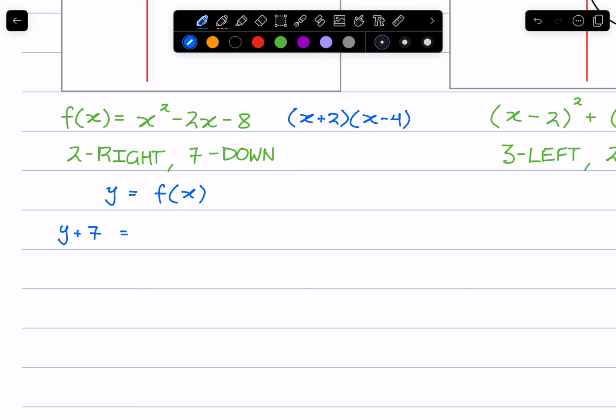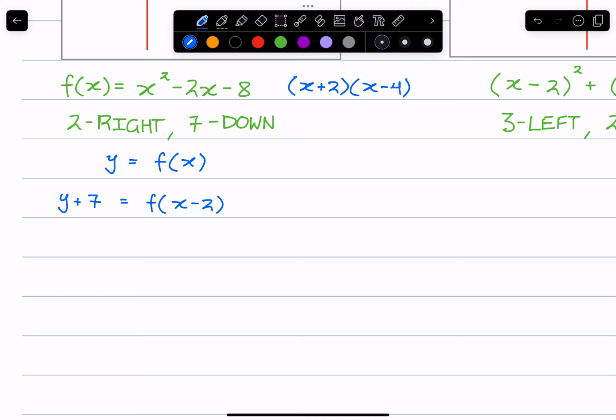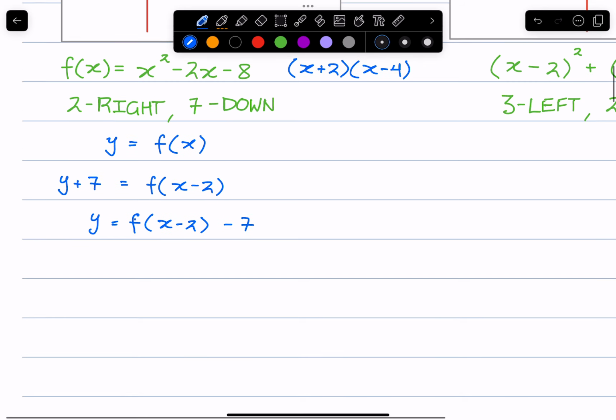And for 2 units right, it would become f of x minus 2. And when we now make y the subject here, we get y equals f of x minus 2, minus 7.